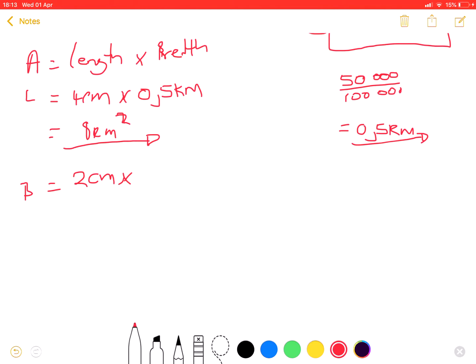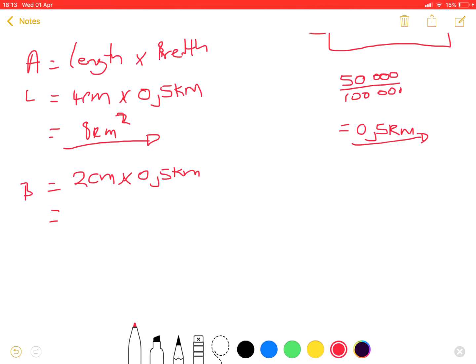We have already converted the centimeters into kilometers. Obviously, we know that when you are moving from 50,000 centimeters to kilometers, you will get 0.5 kilometers.